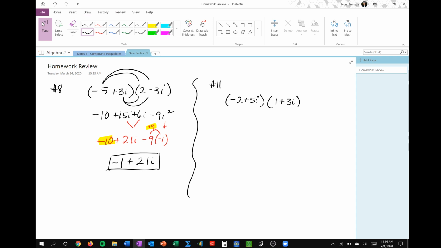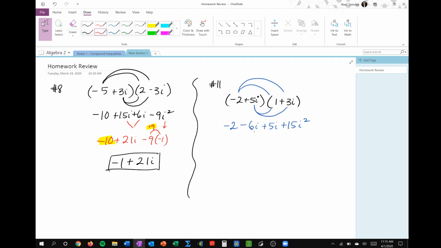Okay, so same idea, right? Distribute. -2 times 1 is -2. -2 times 3i is a -6i. 5i times 1 is just 5i. And then 5i times 3i would be positive 15i squared.